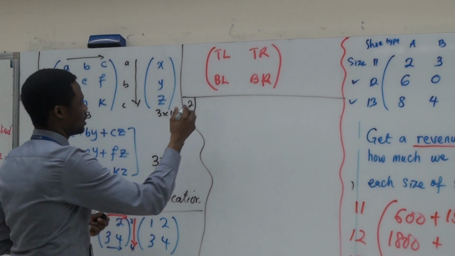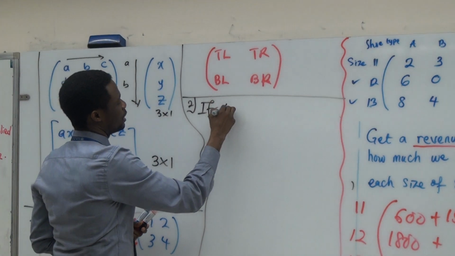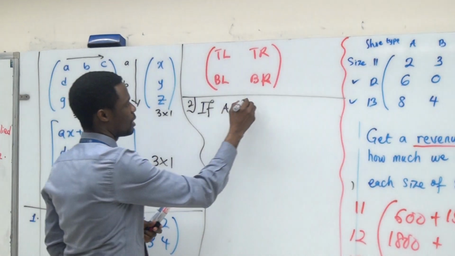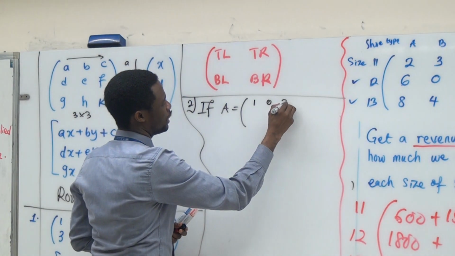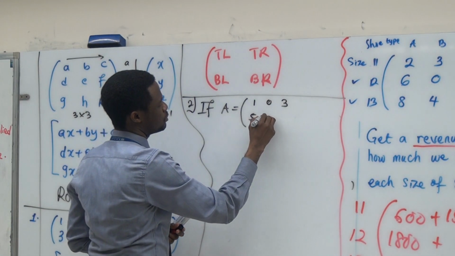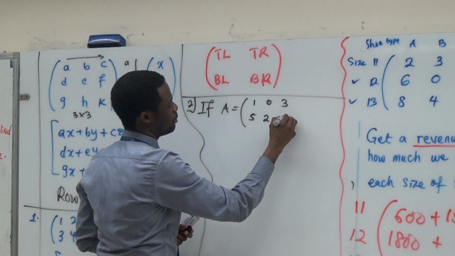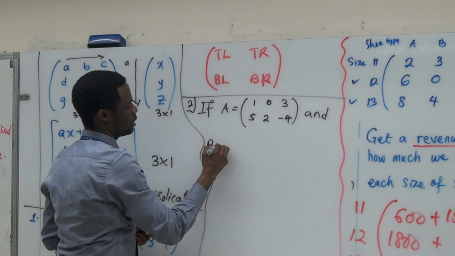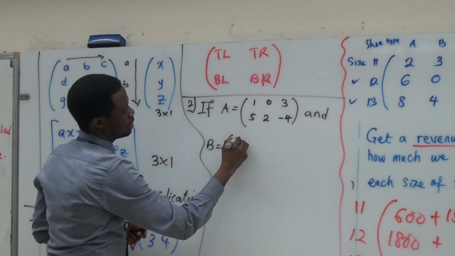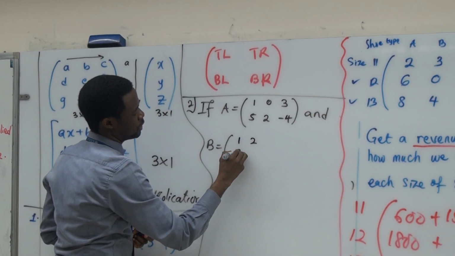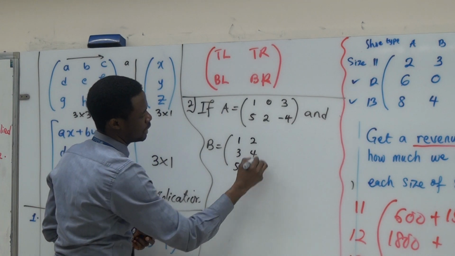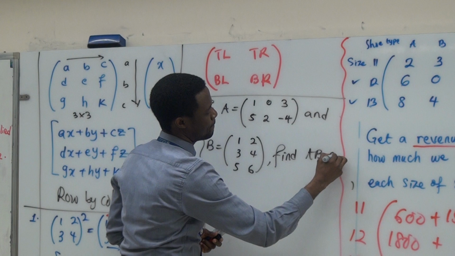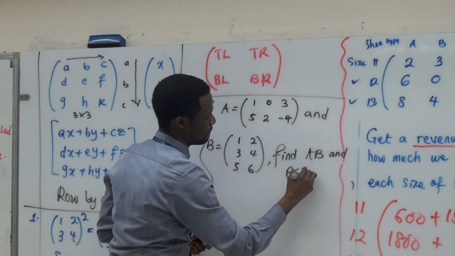So now look at this question. Quiet, please. If A is, now look at what I'm writing next. 1, 0, 3, 5, 2, minus maybe 4. And B is 1, 2, 3, 4, 5, 6. Let's find AB and BA.